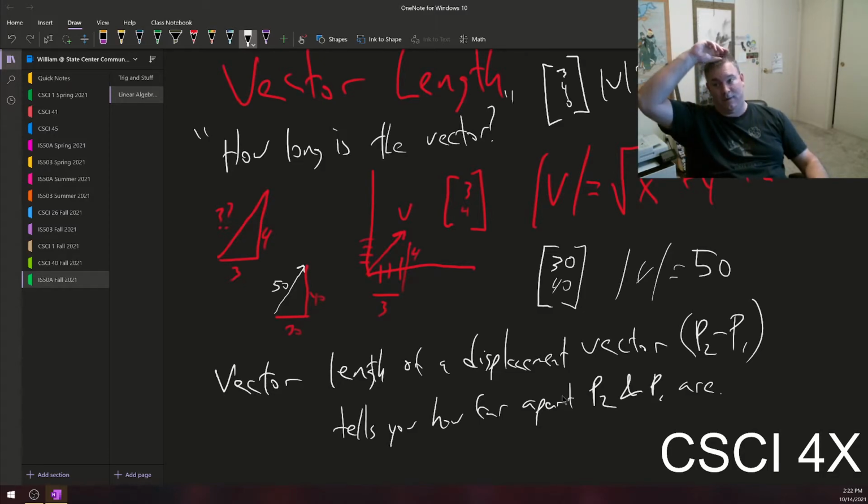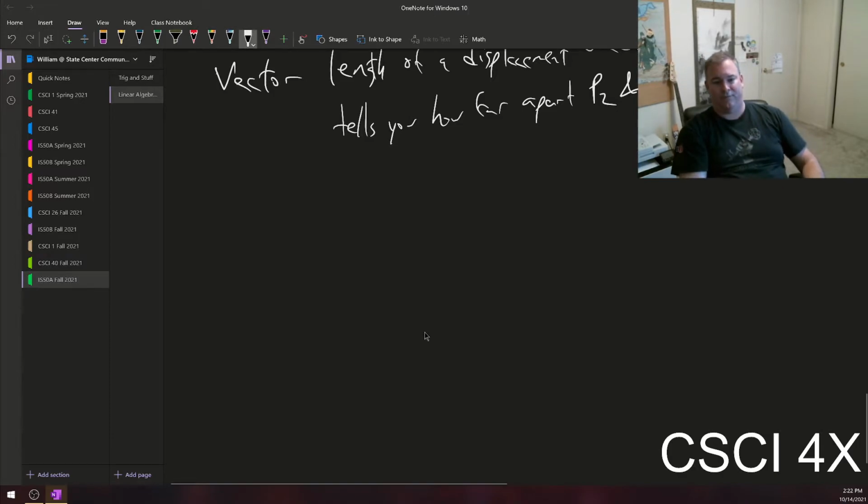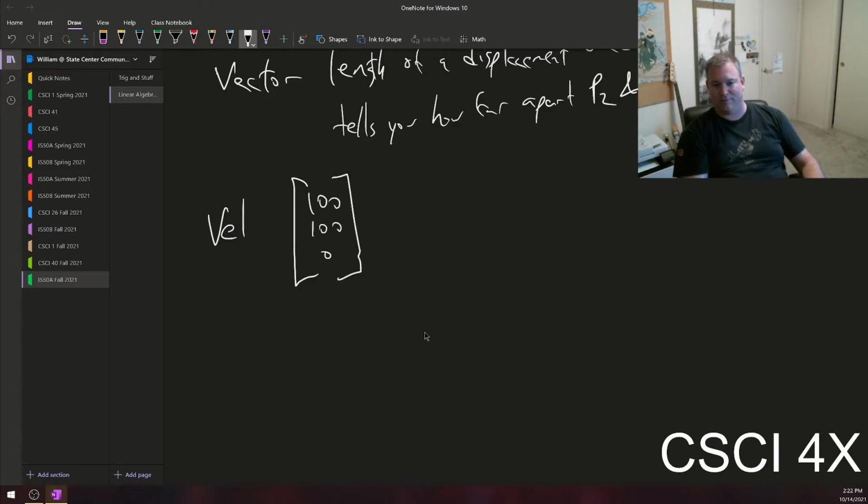Like if you take the vector length of your velocity, that tells you your speed. Right? So if we have a velocity and it's 100 in the x direction, 100 in the y direction, and 0 in the z direction, the vector length of this velocity is your speed. That's your airspeed, how fast you're traveling.